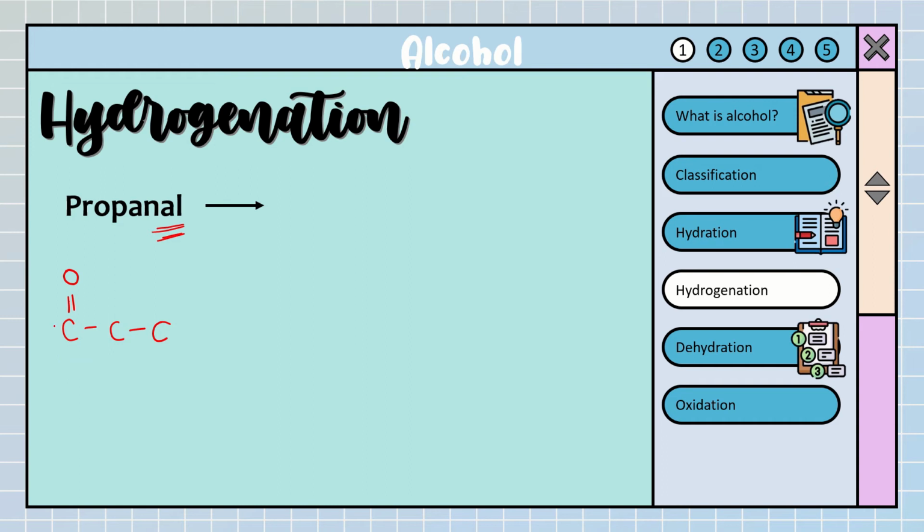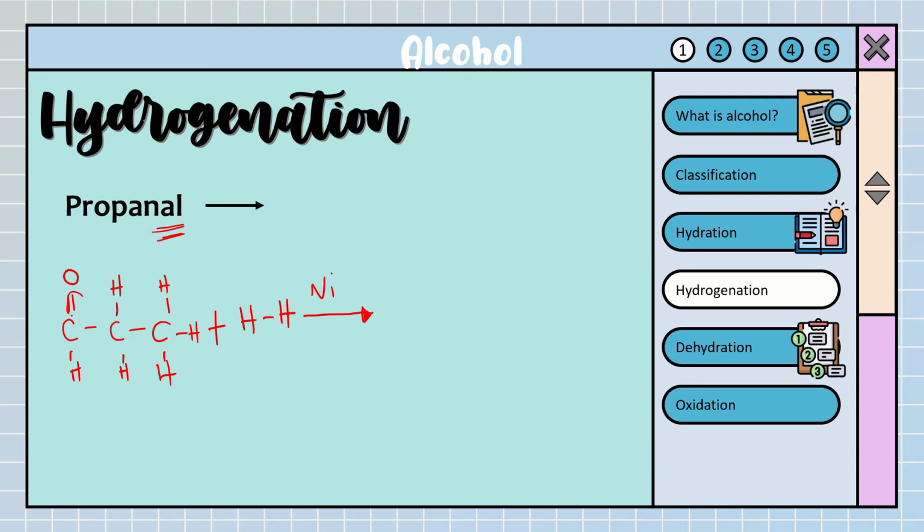To complete this, let's add our hydrogens. Again, since this is hydrogenation, we need another reactant, which is hydrogen, and a catalyst. For example, let's have nickel.